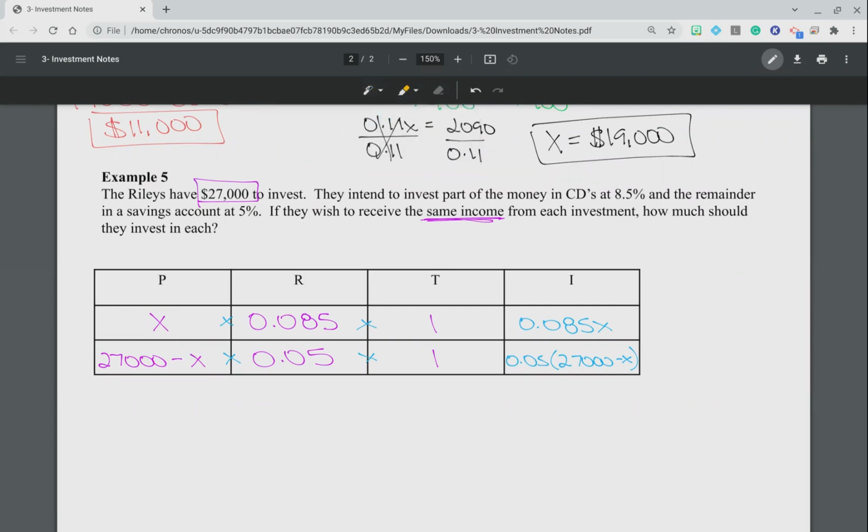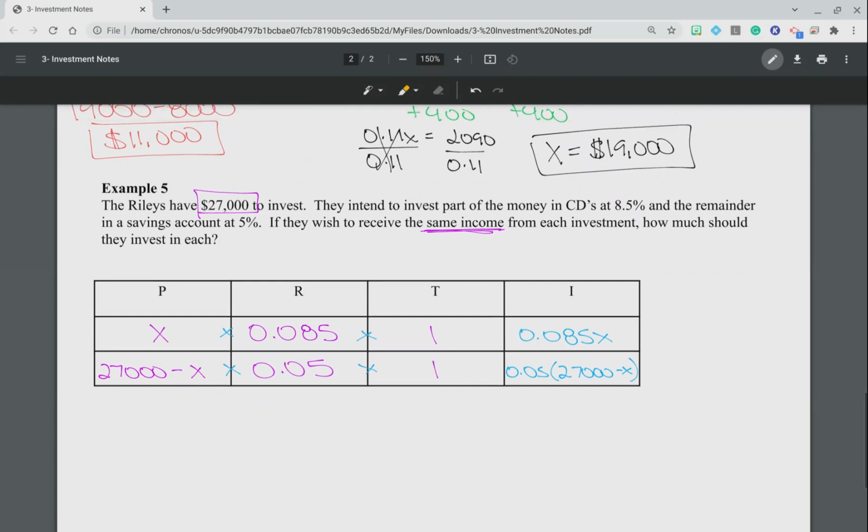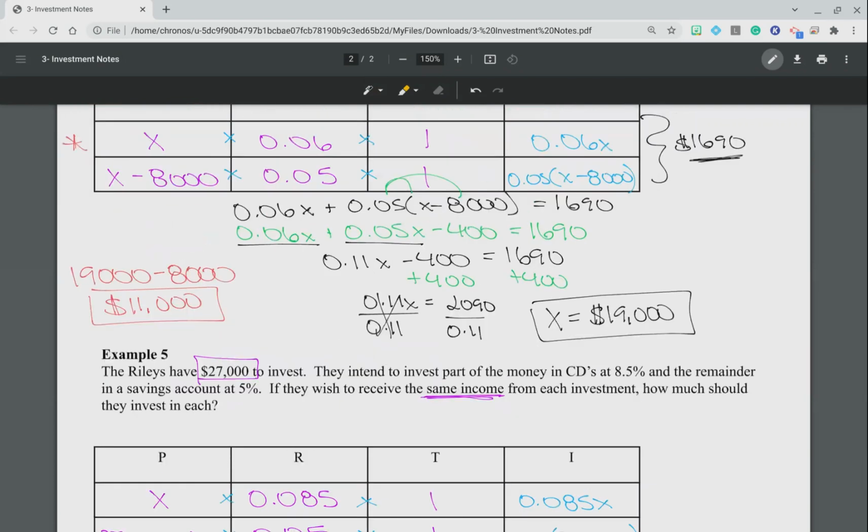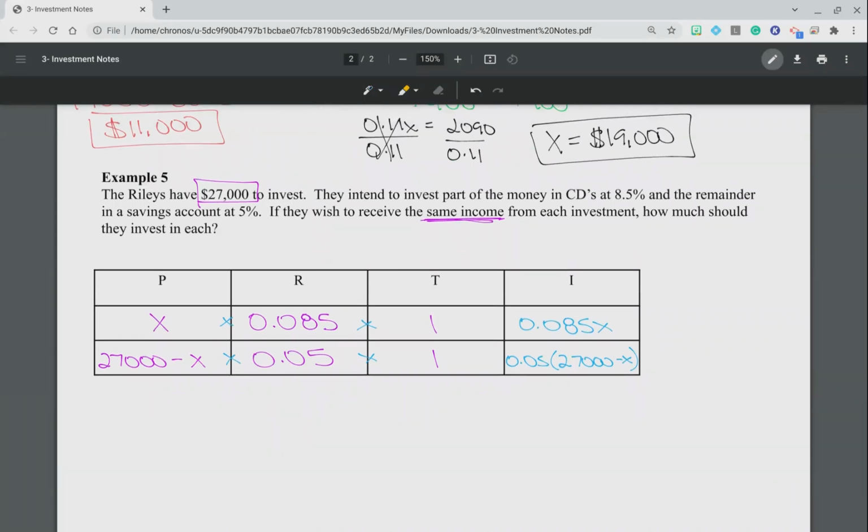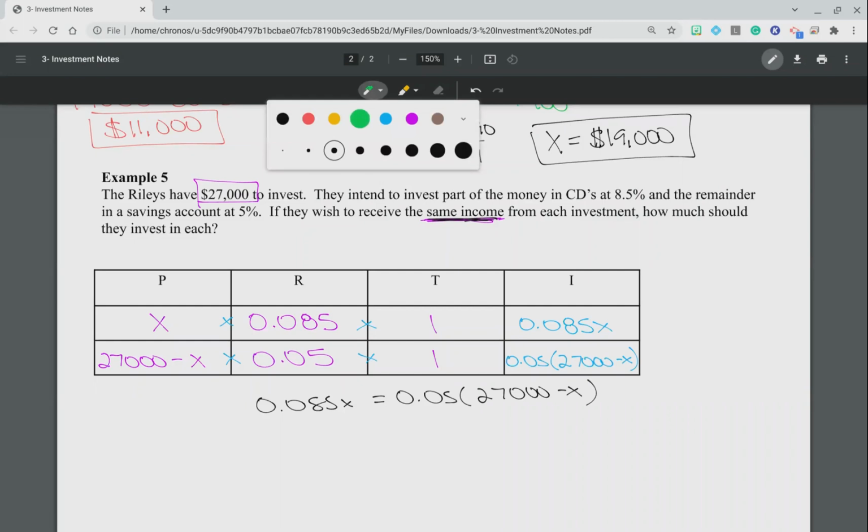It says the investments have to be the same amount. So instead of taking this one and adding it up to a total amount of interest that we know, we are actually going to take these two I's, our two interests, and we're going to set them equal to each other because we want to make the same amount of money out of both of them. So 0.085x is equal to 0.05 times 27,000 minus X.